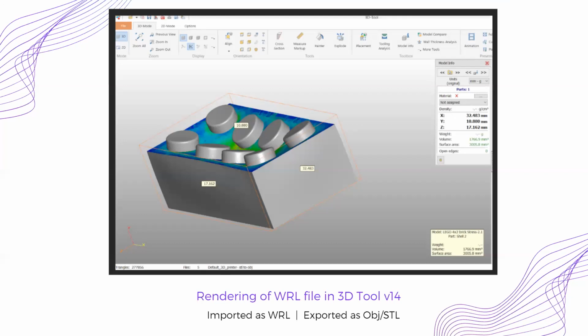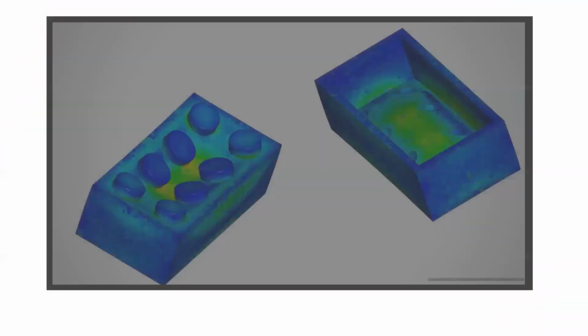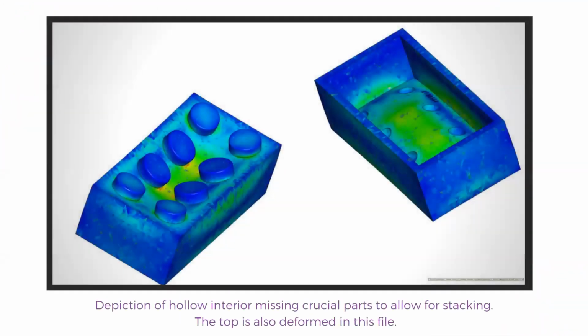Next slide, please. This is the model which we are able to view using our 3D tool version 14. We came up with the interior features which we are able to view, and there are some missing features also.